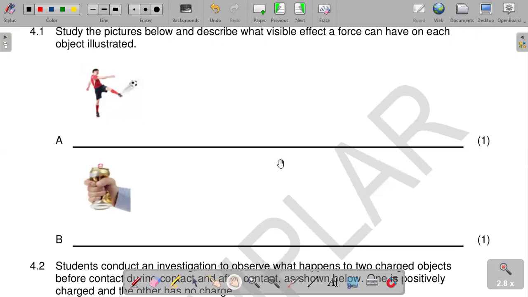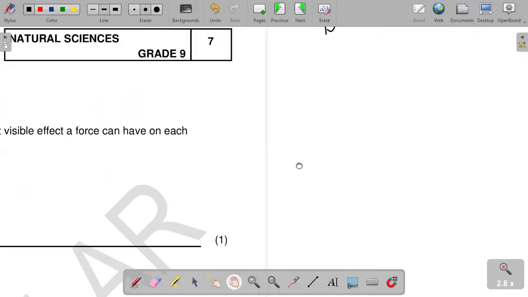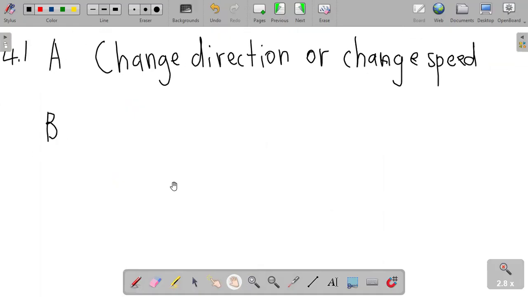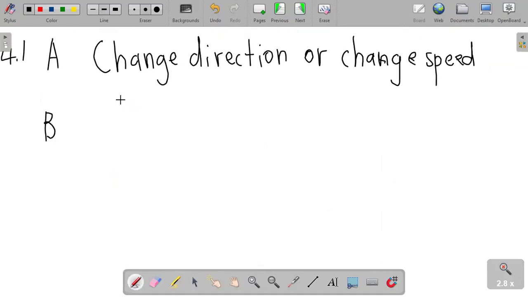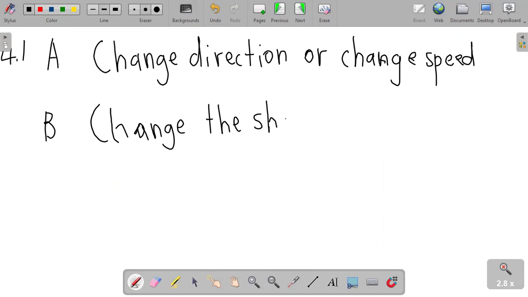The effect that it can have here is that it can change the shape of an object.